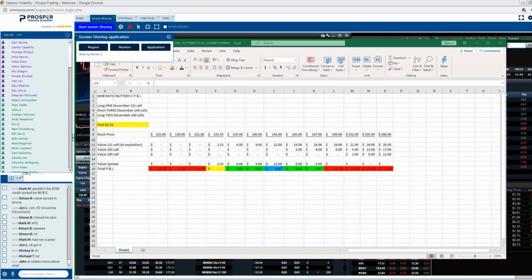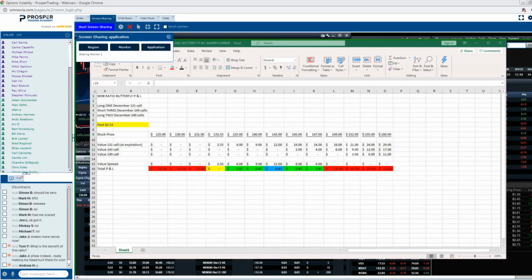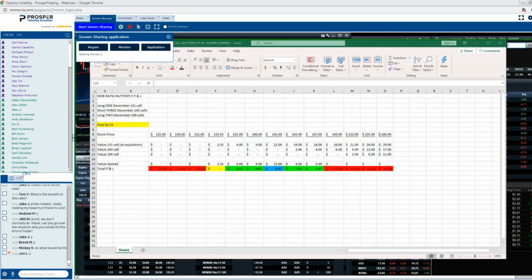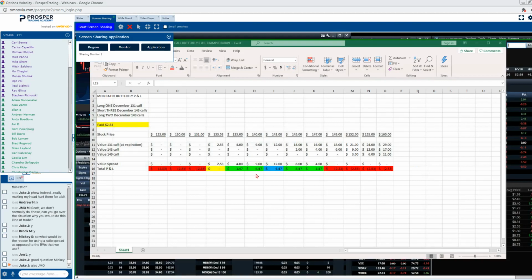Okay, so does everybody see this? Well, you pay less, and if you hit the short strike, you have more upside.